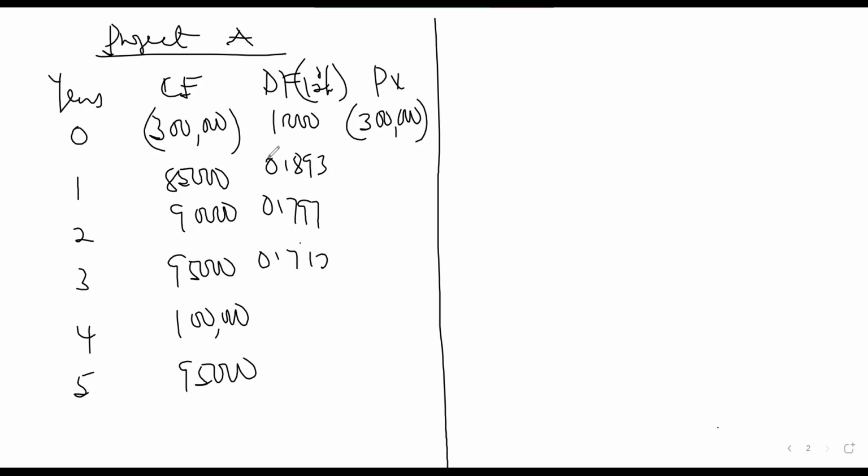Okay. Year 4. 0.636. Okay. Year 5. 0.567. Okay, let's find the present value.